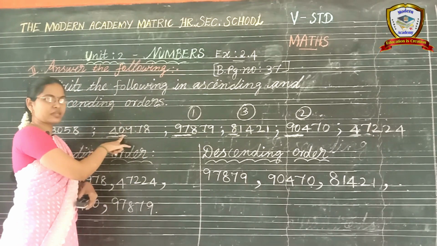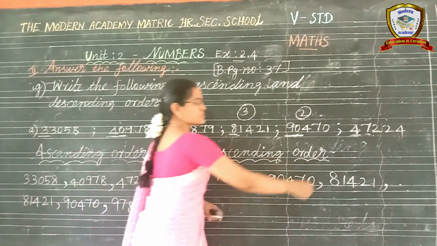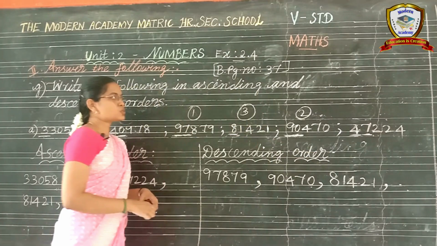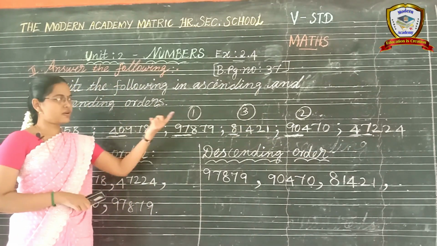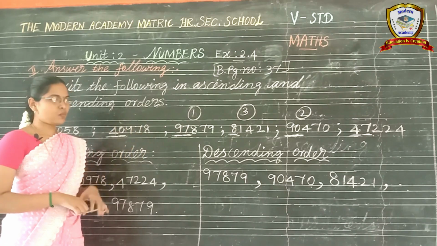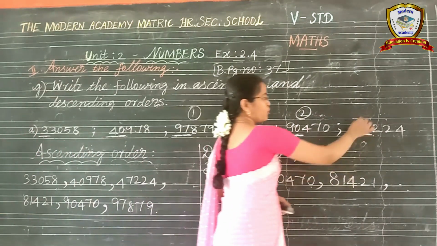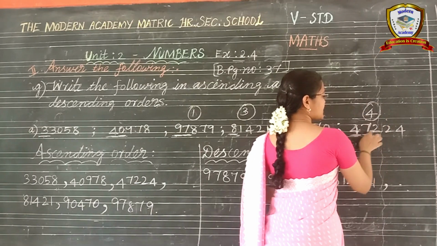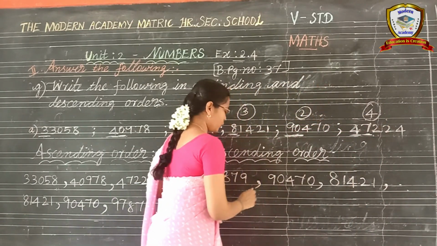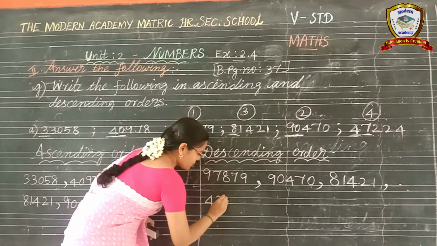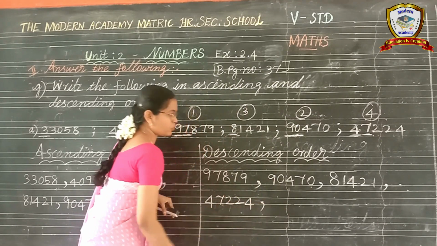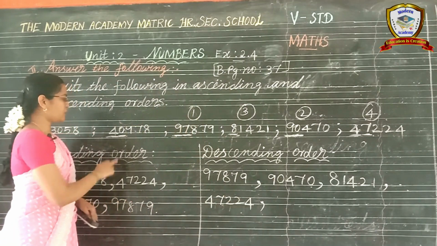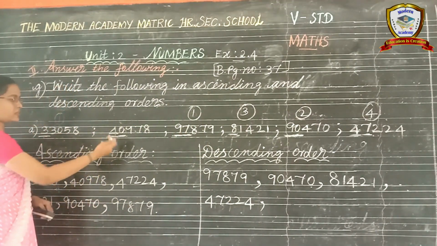What is the second number here? 0. Here what is the second number? 7. Which is the next bigger number, 0 or 7? 7 only. So the fourth number is 47,224.